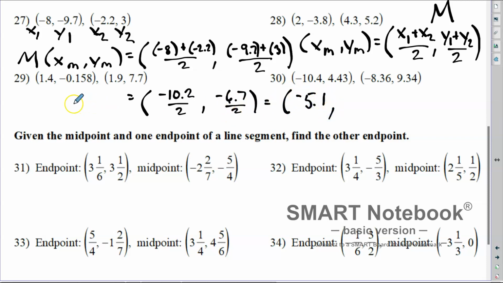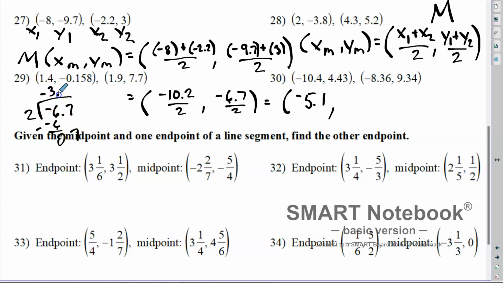This one, maybe it's worth doing a little math on the side. So I'll put negative 6.7 divided by 2. It goes into it 3 times. 2 times negative 3 is negative 6. Subtract that, it cancels, and we bring down the 7.